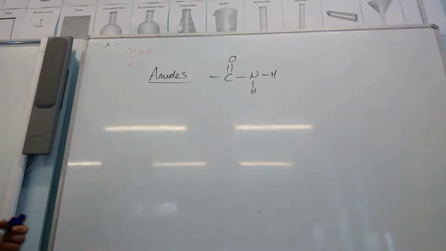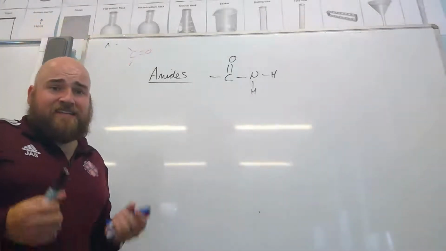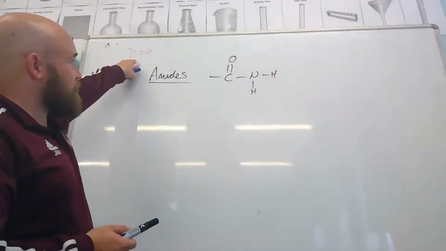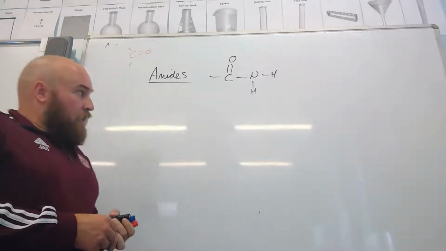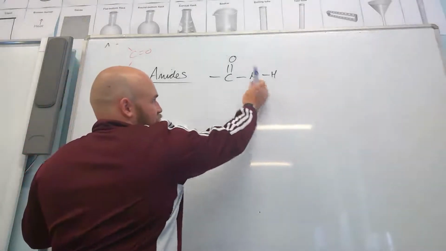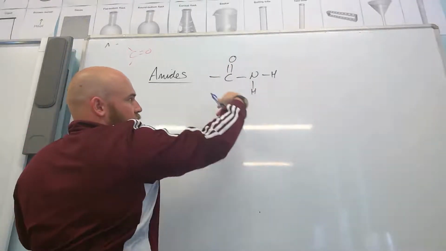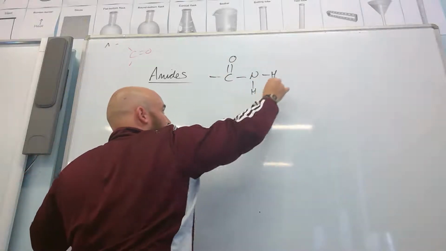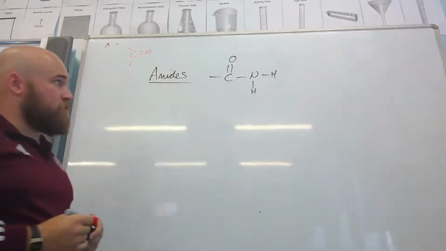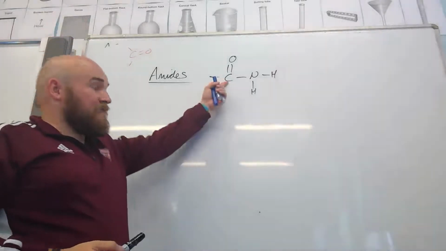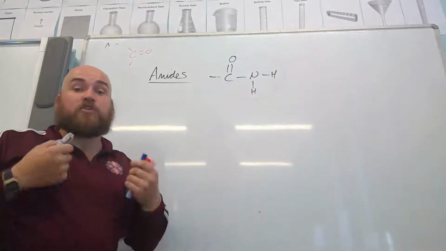Okay, so an amide has this group. First thing: is an amide a carbonyl group? Does it contain the C=O? Yes, it does. It's not an amine. If it just had NH2 and this was just a hydrocarbon extension, it would be an amine. But because the NH2 is part of the overall functional group, it's an amide. So an amine doesn't have the carbonyl, an amide does.